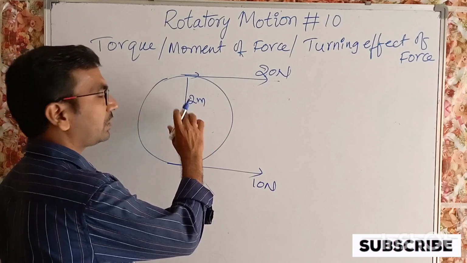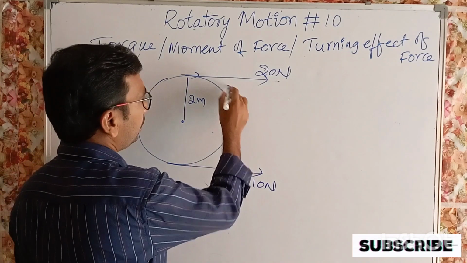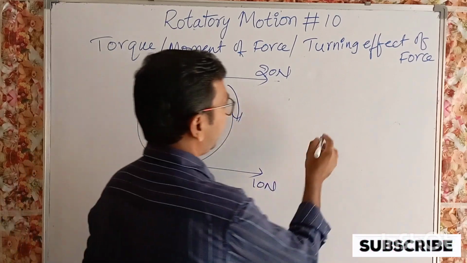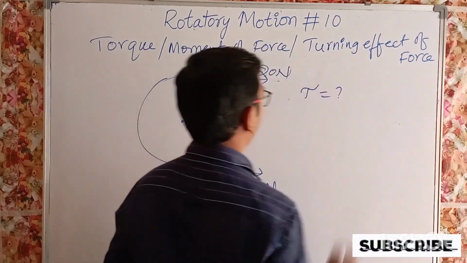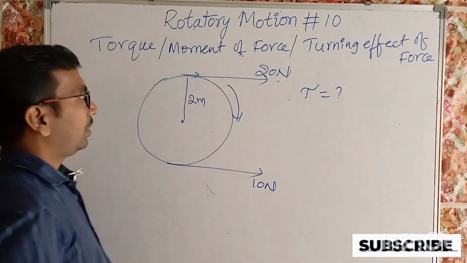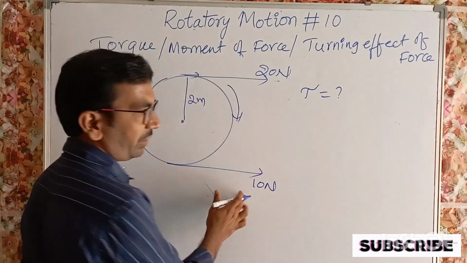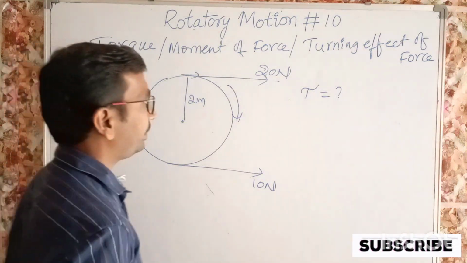The radius vector is 2 meters. Here find out the torque. The disc is rotating in clockwise sense. You can consider 20 newtons, find out the torque, then 10 newtons, find out the torque, and you can find the net torque to get the answer.